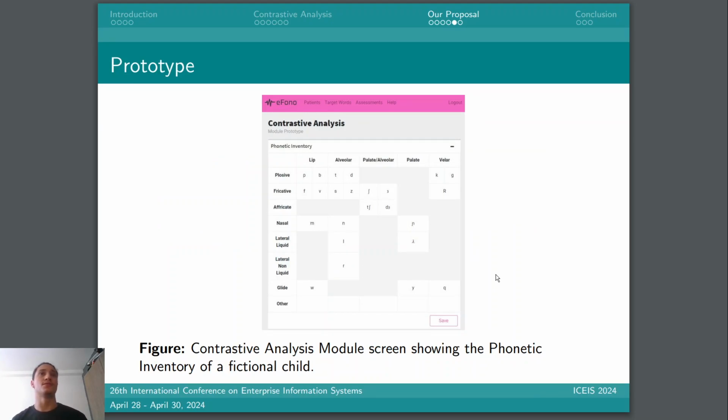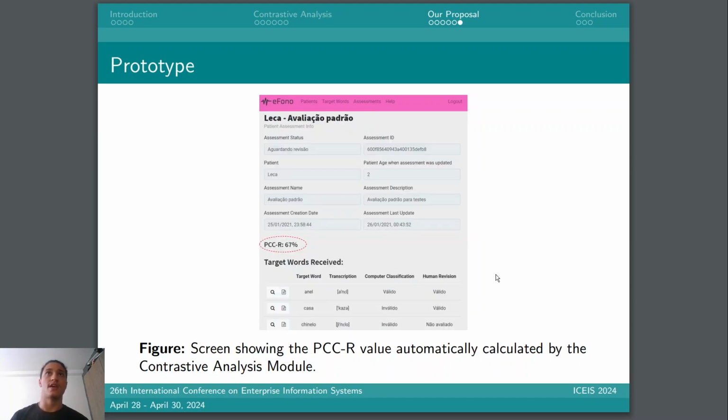So here is the prototype of the phonetic inventory, where all the phonemes that the child can articulate are presented. And here is the screen with all the patient information. Here we have all the target words received, the transcription, and the computer classification and human revision.